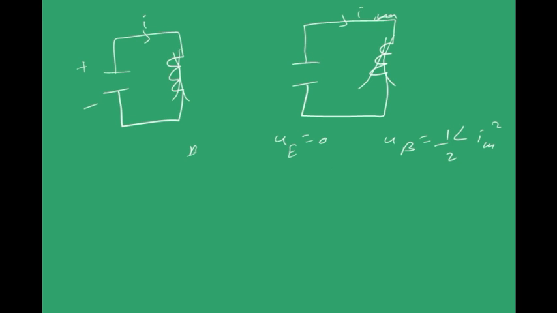Now tell me what happens after this. Current is maximum, capacitor is chargeless now, but the current is still positive. It will be in this direction only. I'll explain. Because of the nature of this inductor, it tries to oppose the current, right? So here it was maximum Im. Because of the property of the inductor, it tries to oppose the current, and slowly the current decreases.